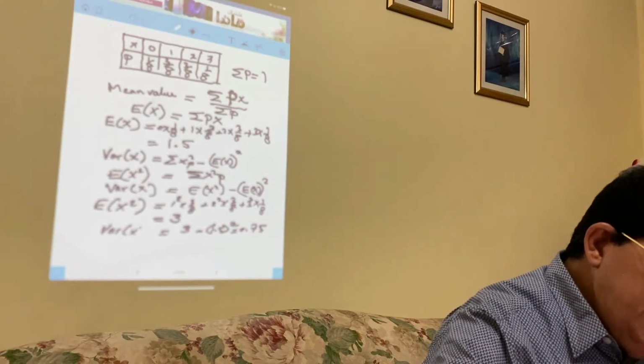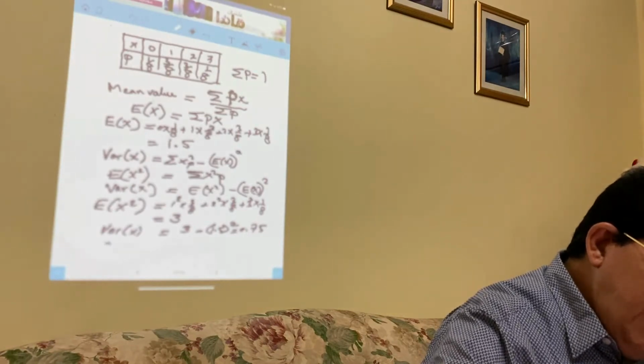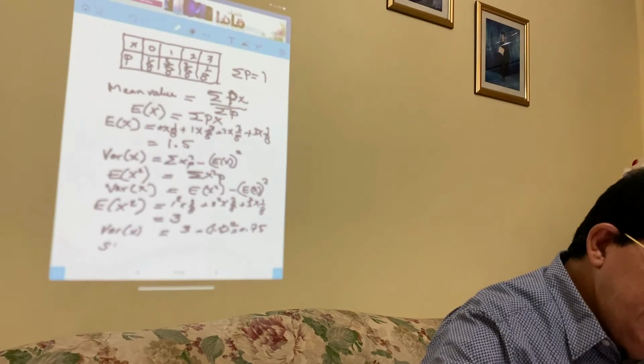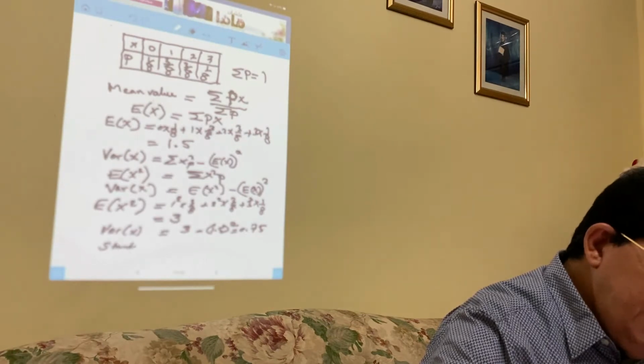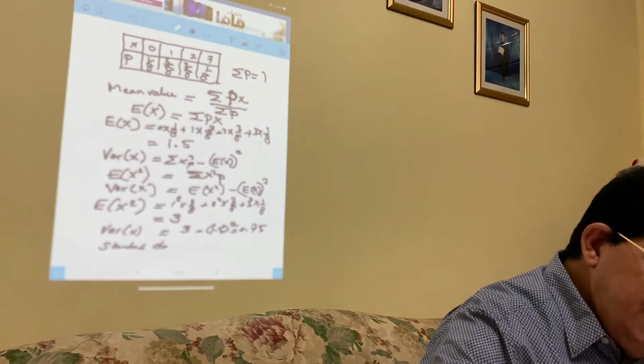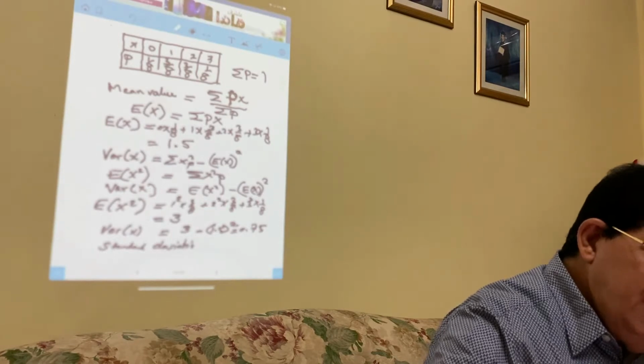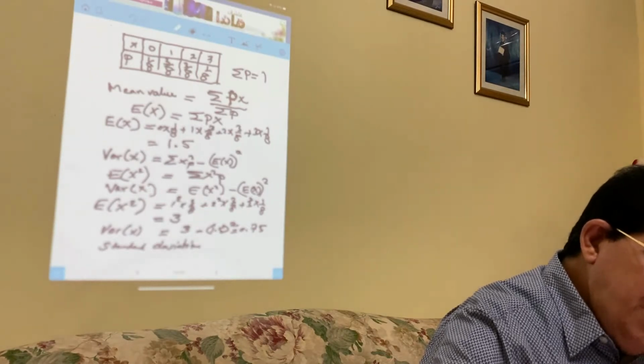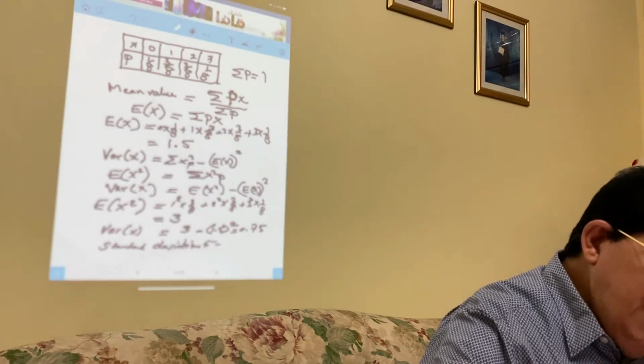This means the standard deviation in this problem, sigma, equals the square root of 0.75.